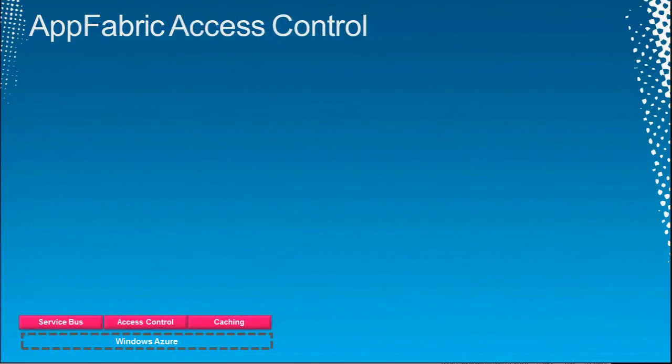Next, access control. Again, this solves a problem that's important and interesting, but disjoint in many ways from the others. This technology runs on top of Windows Azure. Here's what it does.